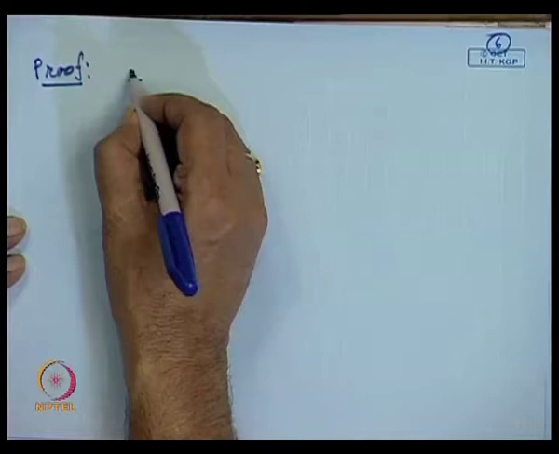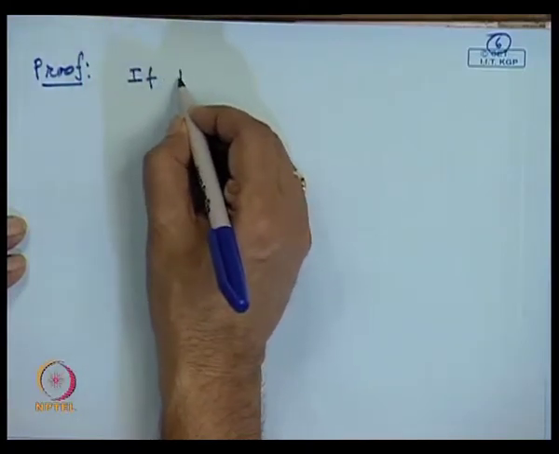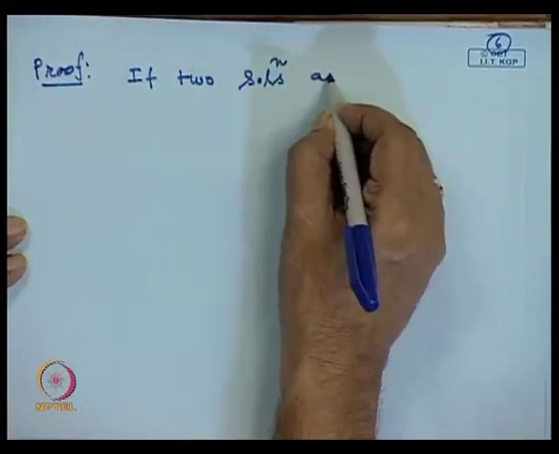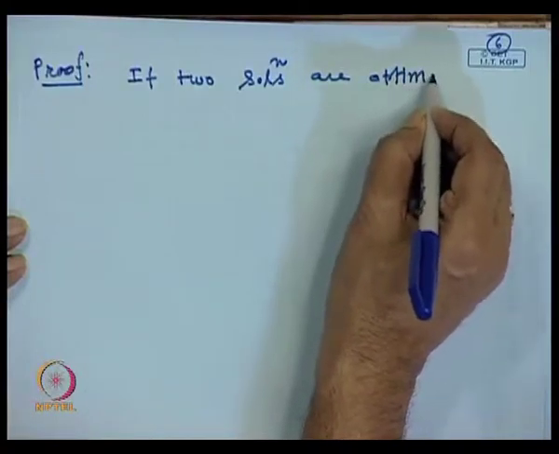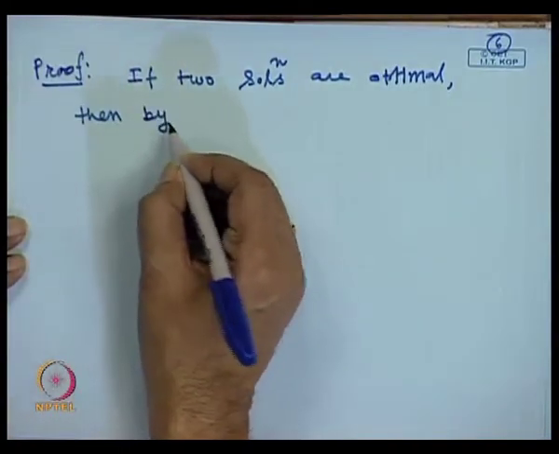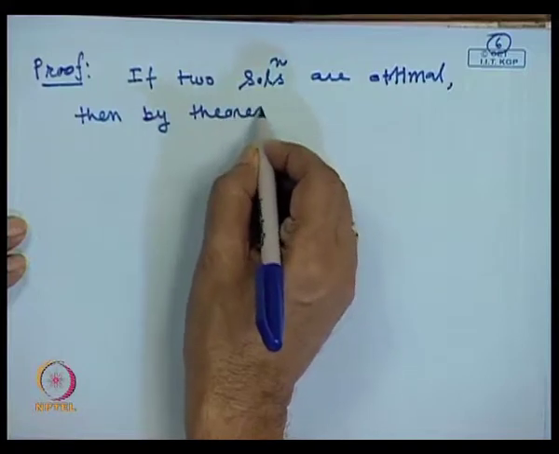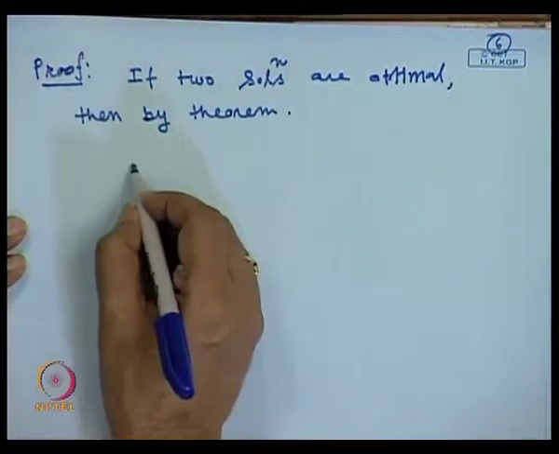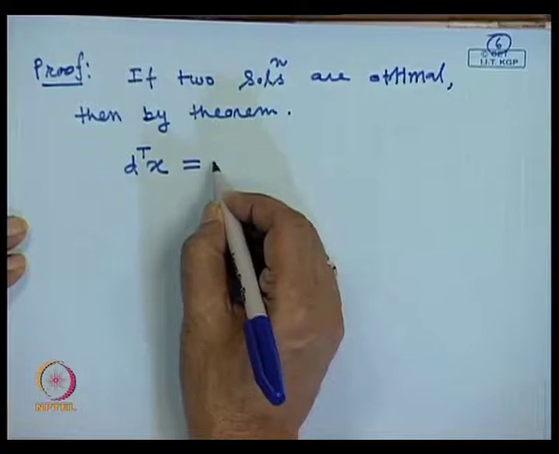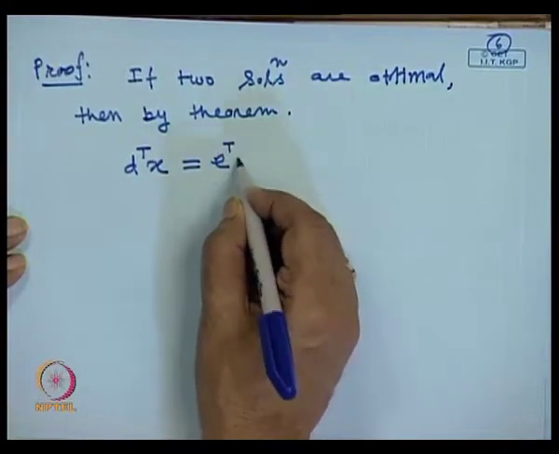The proof is very easy to see. If the two solutions are optimal, then by the optimality theorem we have, D transpose x must be equal to E transpose y.